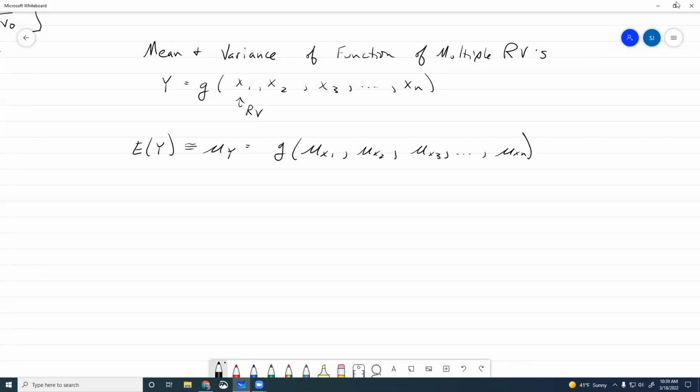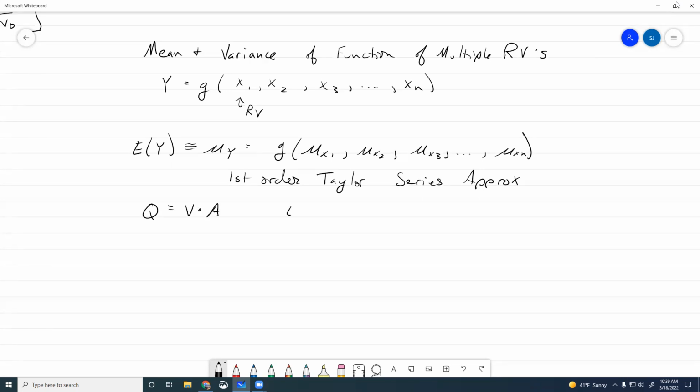And this is a first order Taylor series approximation. So if we take the means of all of our random variables, the mean wind speed in this example, and plug them into the function, we just get the expected value or the mean value of y. That's pretty obvious, right?